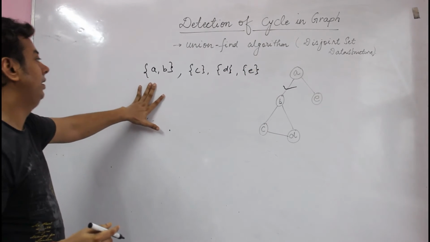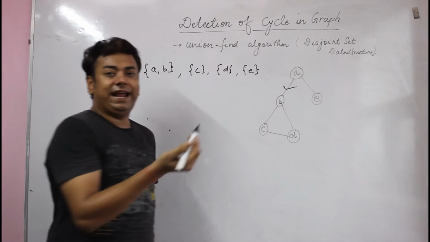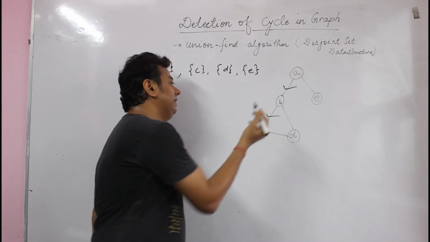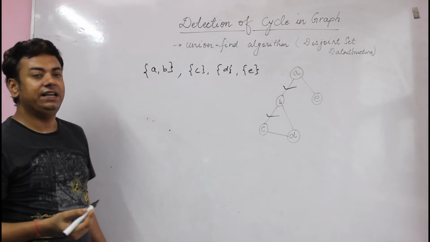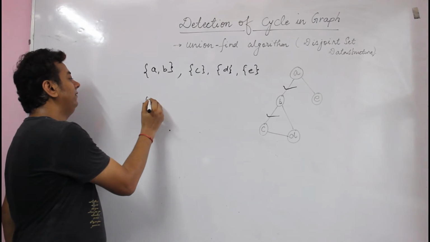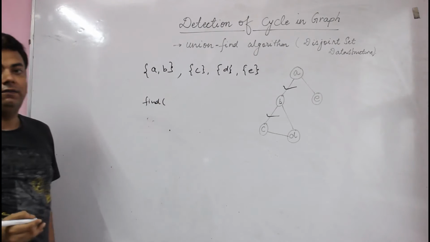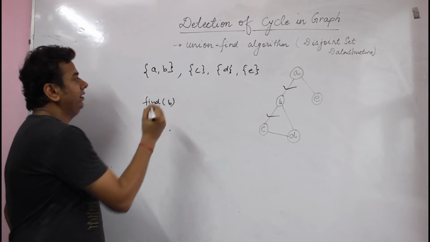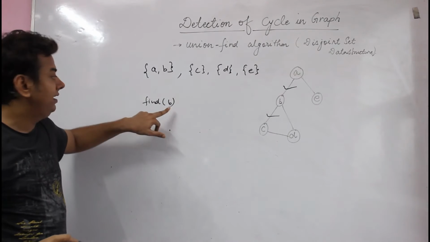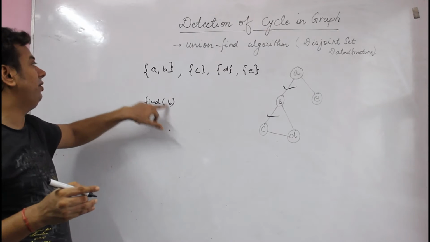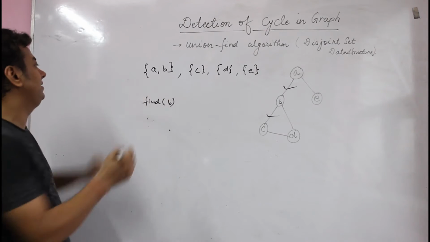Now let's encounter another edge. Let's say we found this one, BC. We'll first find the find of B, which, as I said, is the set which B belongs to. The set which B belongs to is this one.